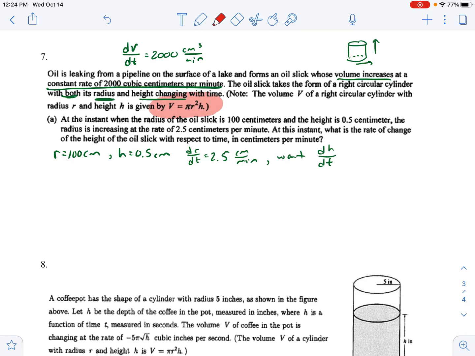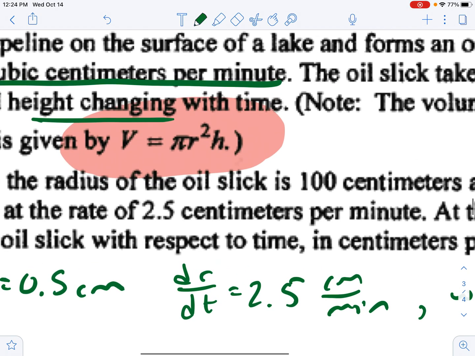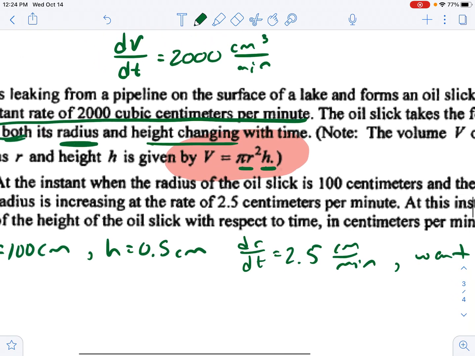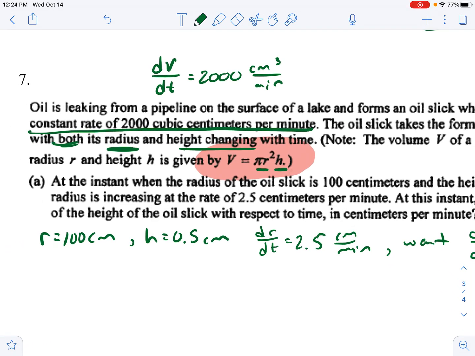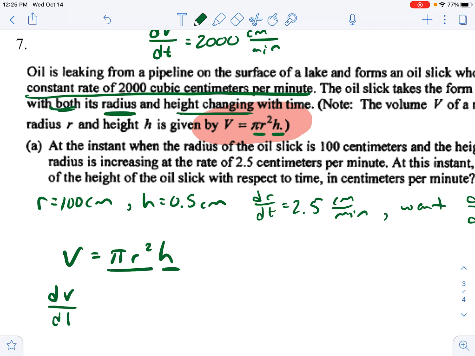Okay, so here's our volume formula. Radius and height are both changing here, so neither of these are constants. It's not like a cone where we're going to find one in terms of the other, okay? We're going to have to use the product rule to take the derivative of this. So taking the derivative, on the left we get dV dt. On the right, the derivative of pi r squared, 2 pi r to the first times dr dt times the h.